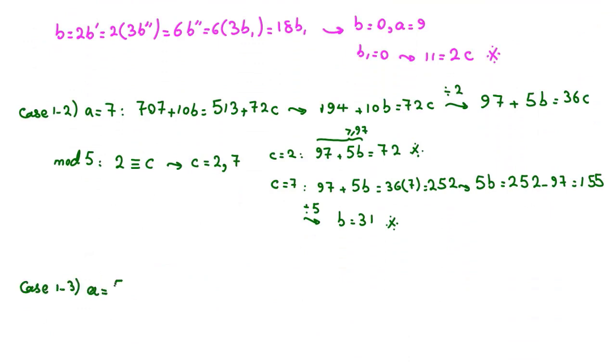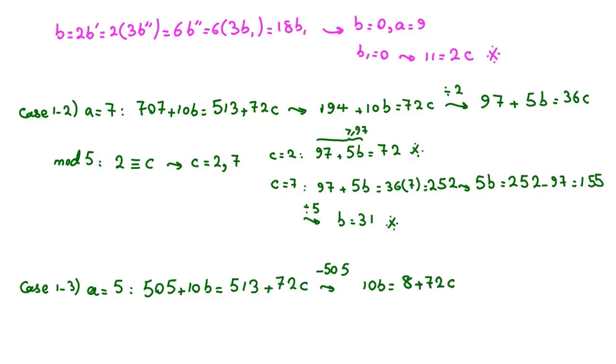If a equal to 5, so 100a is 505 plus 10b equal to 513 plus 72c. If we subtract 505, 10b equal to 8 plus 72c.